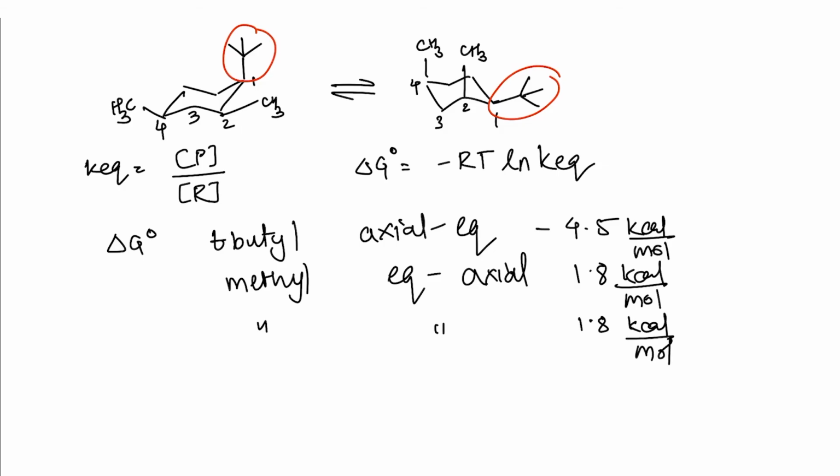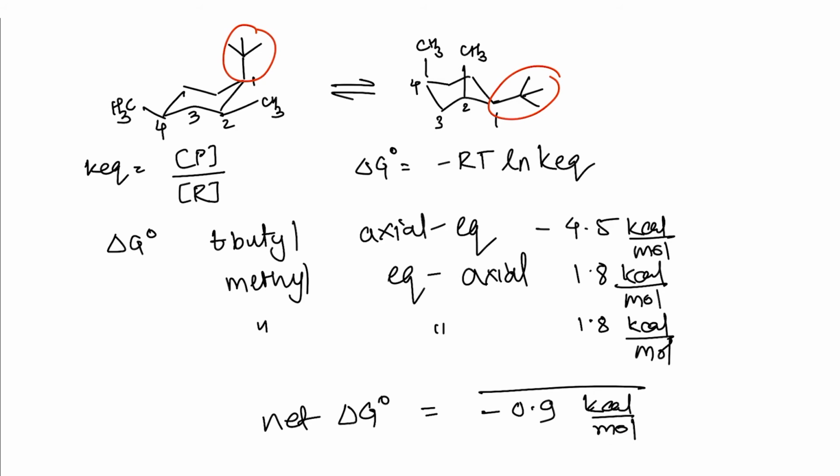So, if I sum it up, the total net delta G0 of this reaction is going to be minus 4.5 plus 1.8 plus 1.8, which comes close to minus 0.9. So, this is minus 0.9 kilocalories per mole.